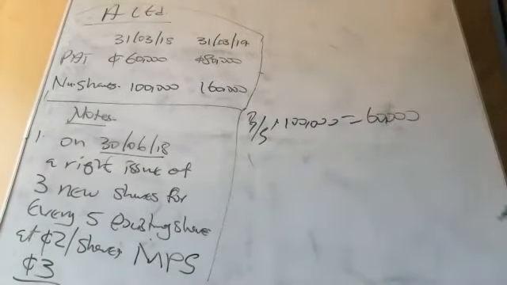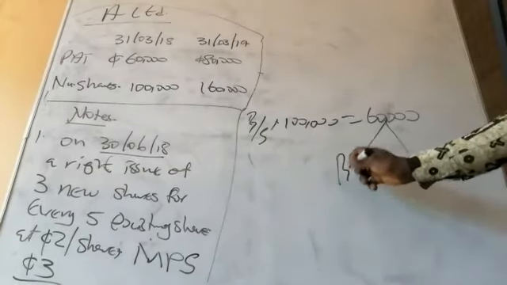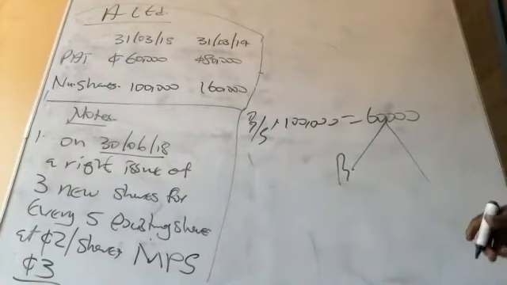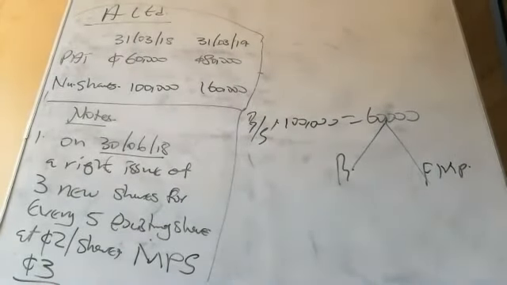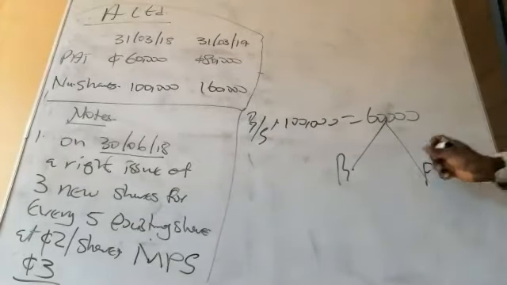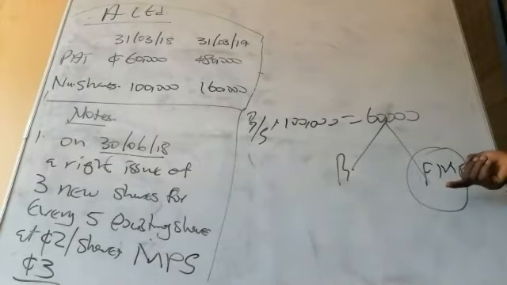So this is the 60,000 shares, and this must be split into 2: the bonus element and the full market price section. So I'm going to look at the steps we have to go through to get the full market price first. That's step 3.